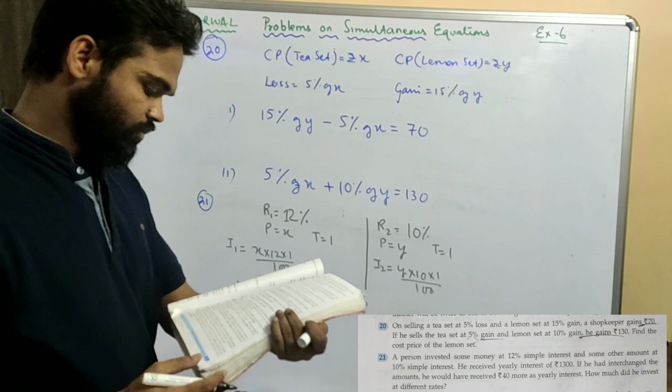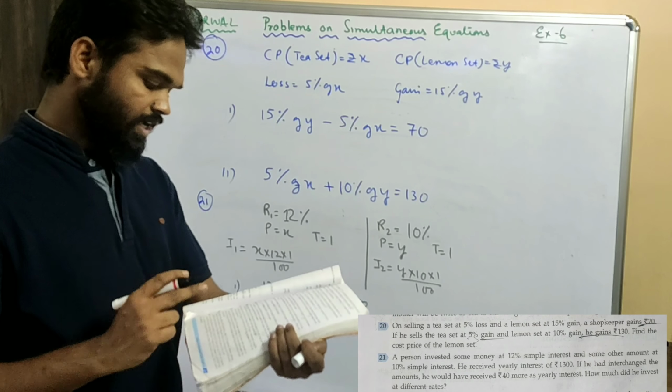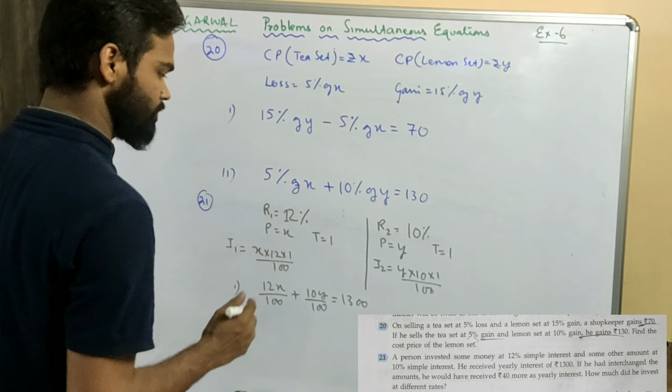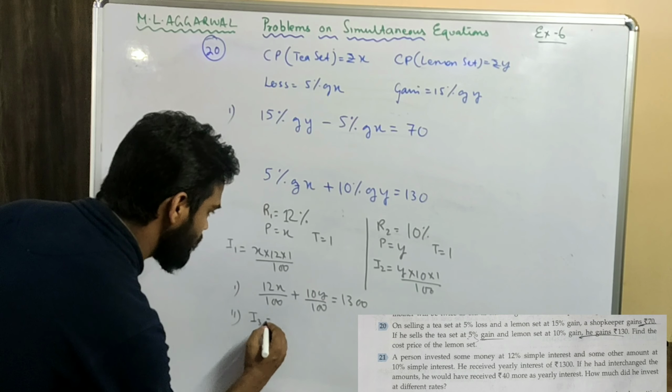And the second equation they told, if he interchanged the amount, he would have received rupees 40 more, which means X goes over here, okay, and Y comes over here. So your I3 will be what?